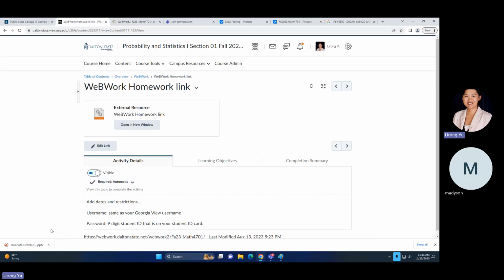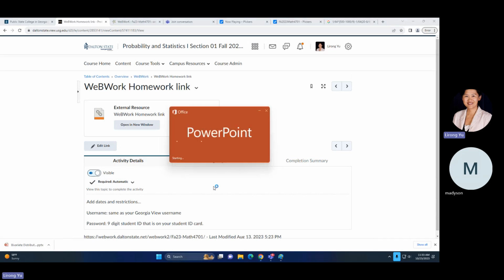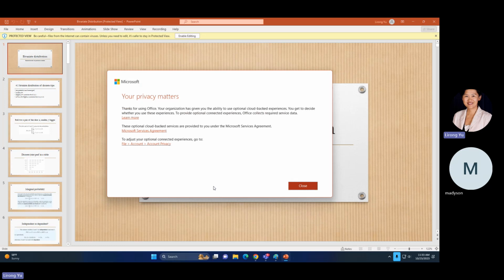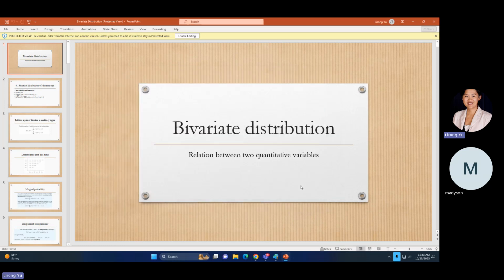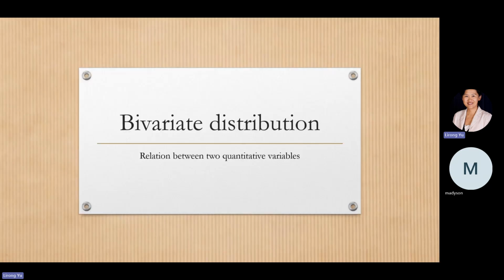Now, let's try to continue where we left off. As you can see, for the continuous version, it's really important to turn around and look at the integration region as a 2-dimensional place. If you still keep that 1-dimensional view of things, sometimes it might be a little difficult to calculate. Basically, the entire chapter 4 focuses on bivariate distribution, and we studied the relation between 2 quantitative variables.